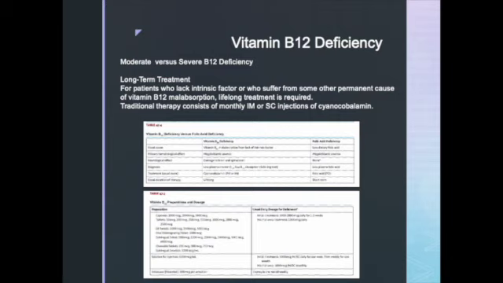But for those patients that have severe B12 deficiency, we're going to see that it's going to produce multiple effects, and we have to treat all the different effects. So unlike moderate B12 deficiency, where erythrocytes are the only blood cells that are affected, with severe deficiency, it's also going to disrupt the production of all the blood cells.